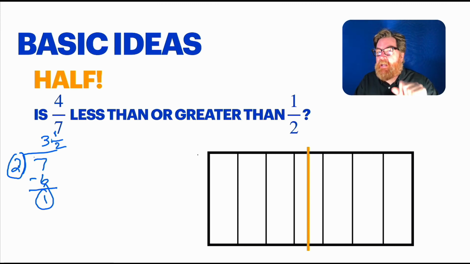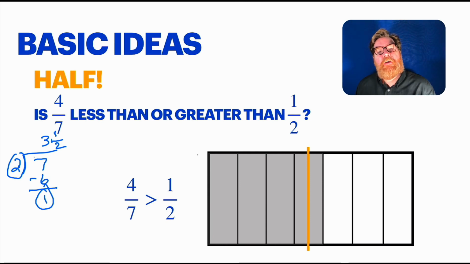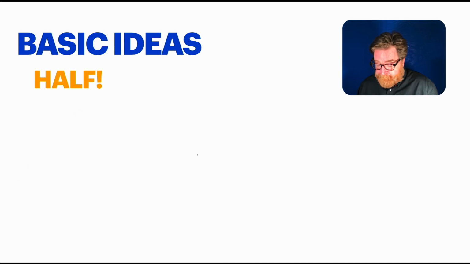All right, we'll talk about that a little bit more later. The visual can help you see that. So 3 1/2 sevenths is what 1/2 looks like. There we go. So 4/7 is clearly more than a half. All right. That's what I meant about it getting a little bit more involved with that odd denominator, but you'll get it. You'll have time to practice that. No problem. Here, I'll give you one more to try just to make sure it's looking good.